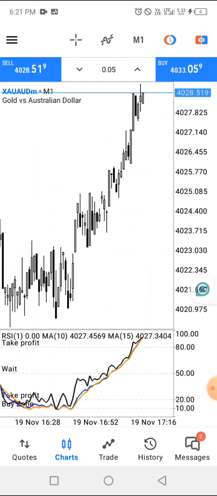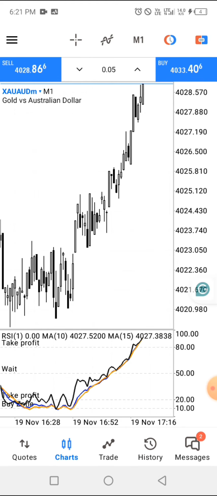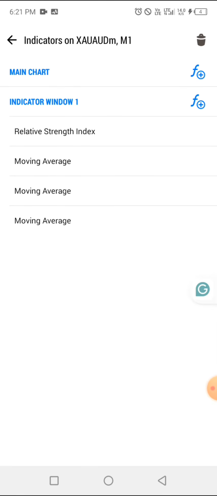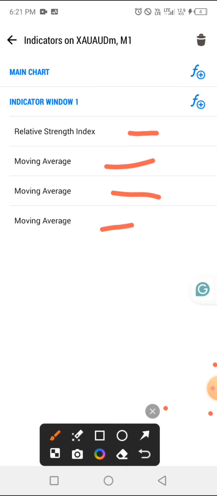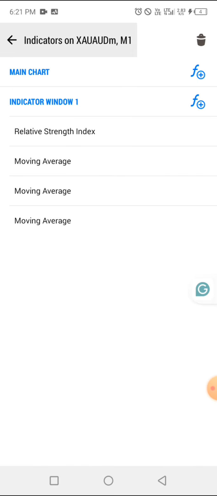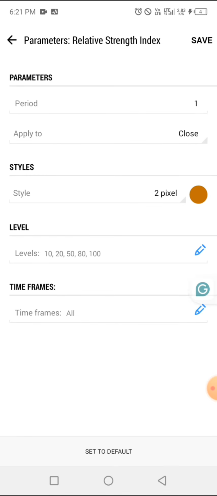But let me just quickly show you how to set up your charts. So click on the F icon, then you're going to use four indicators. You're going to use the relative strength index, one moving average, another moving average, and the third moving average. For your first indicator, the relative strength index, your period is 1, apply to close.